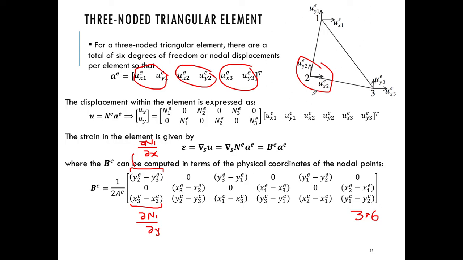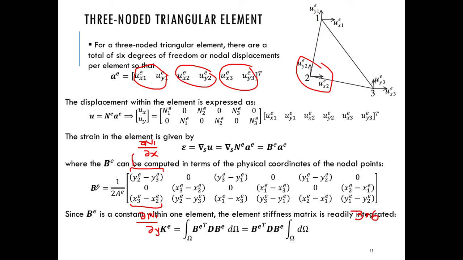Notice that this B matrix is again just in terms of the nodal positions; y2, y3 are just the nodal y coordinates, and so on. So this B matrix is actually a constant. And if we want to find our stiffness matrix, which involved an integration, then for a homogeneous, uniform material, this B matrix is a constant and the D matrix is also a constant.